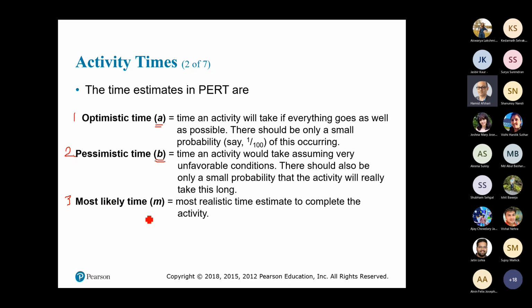And finally, you have the most likely time, or M. This is something that you have from your previous experiences in other projects. You want to consider that when you are trying to estimate the time as well. You know that on average, in other projects, it will take you a certain time, so you also trust that and add it as a more realistic time estimate.